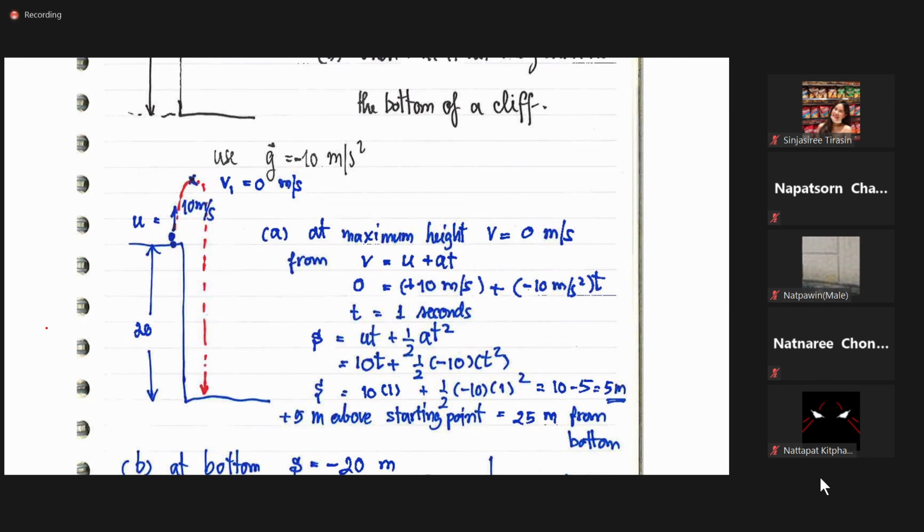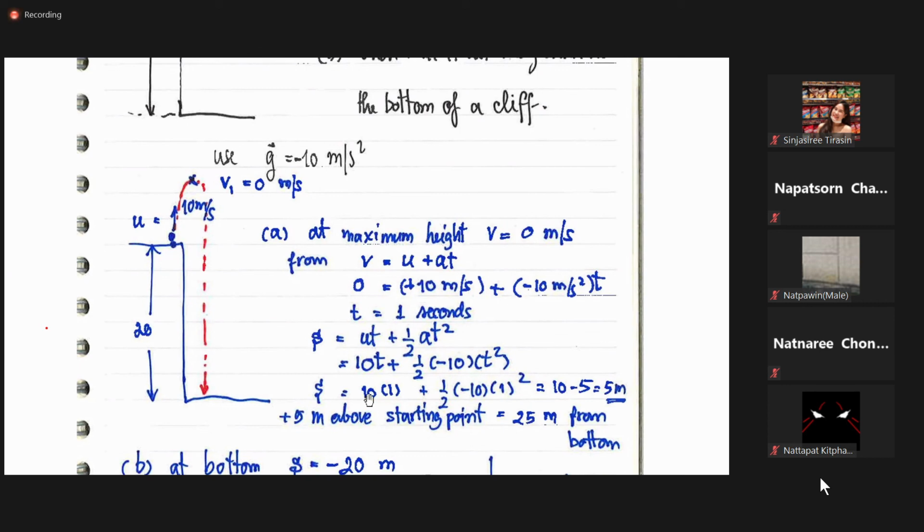So the distance going up is s equals ut plus 1/2 at squared, which equals 10 times t plus 1/2 of minus 10 t squared. Substituting t equals 1 gives s equals 10 plus 1/2 of minus 10 times 1 squared, or minus 5.